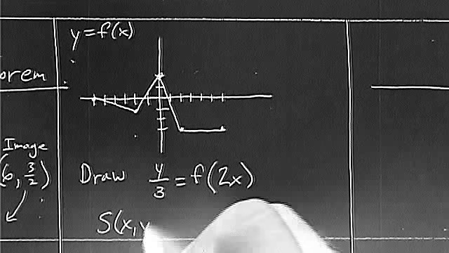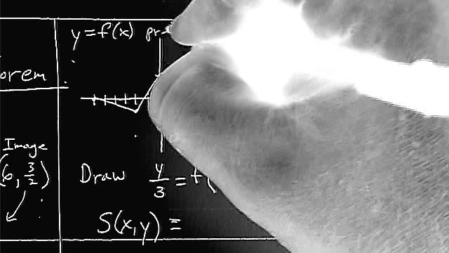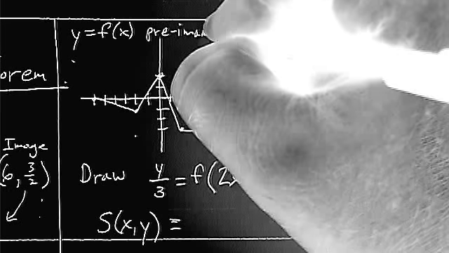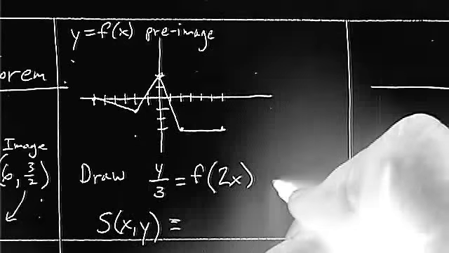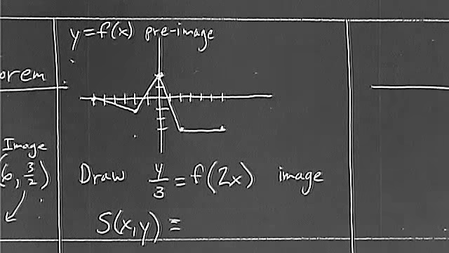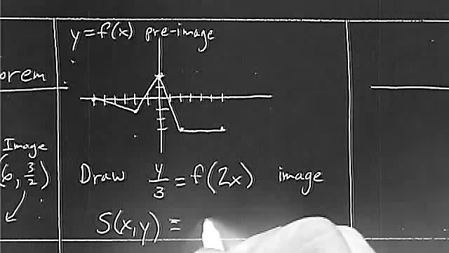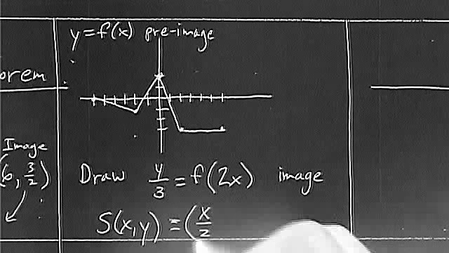So what just happened? We have our pre-image and its graph, and we have the image, and we'd like to know what rule occurred. Well, if you replaced x with 2x, then the rule must have said x over 2.